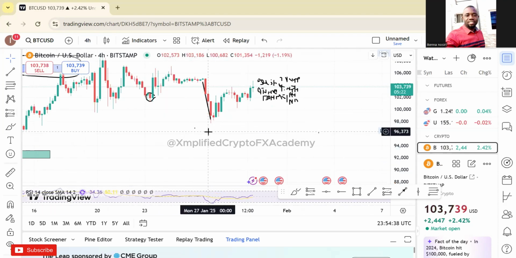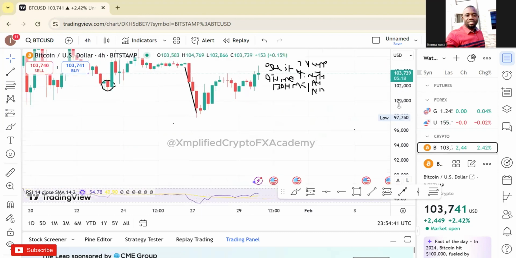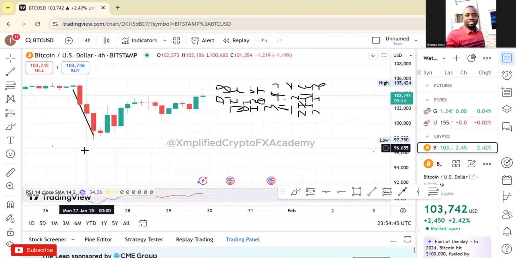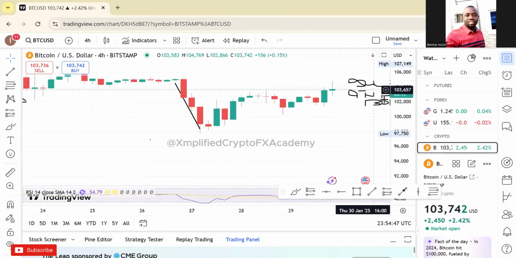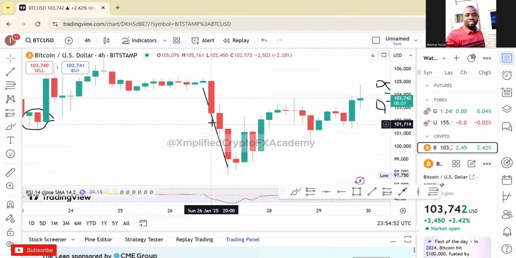All right, leave it. Okay, look at this. I want to explain this thing now for us: what bullish engulfing candle tells us.